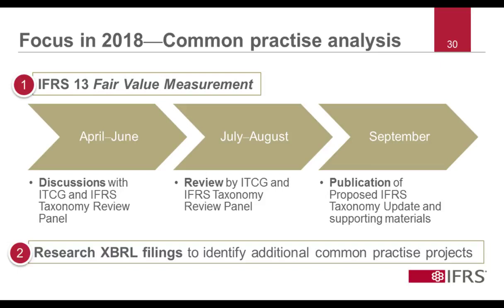Now, around that time, the documents that will be published for public comment include the following. Well, firstly, we'll have a webcast to provide a high-level overview of the materials. We will provide a proposed taxonomy update that explains to you the proposed changes and poses questions for constituents.